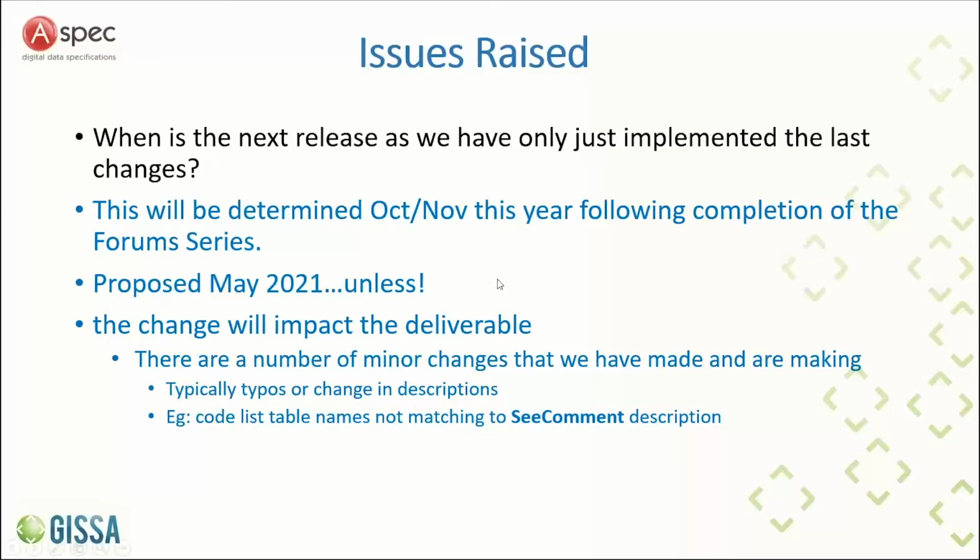So if the table name was called material, the C comment description is: please populate C comment into the attribute field, and where there's a new material, populate it into the comment field. It'll be along those lines. So we want to make sure that the table name and what's in the description match up.